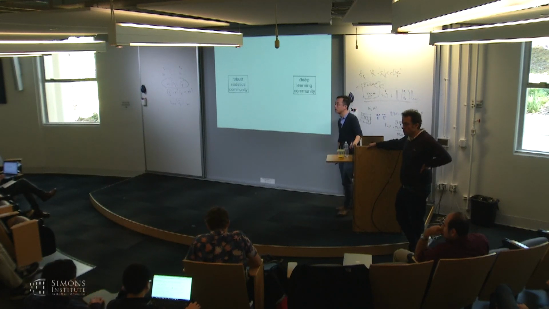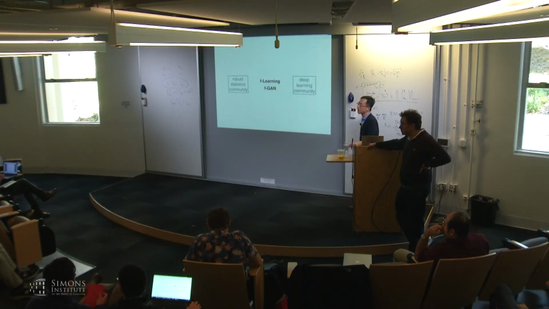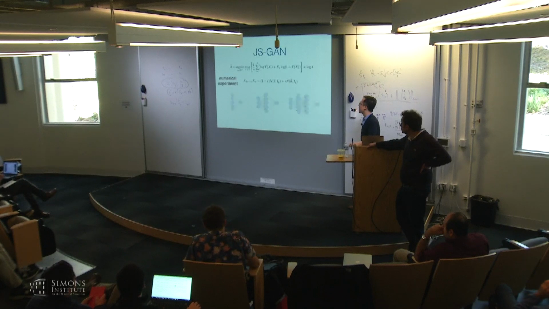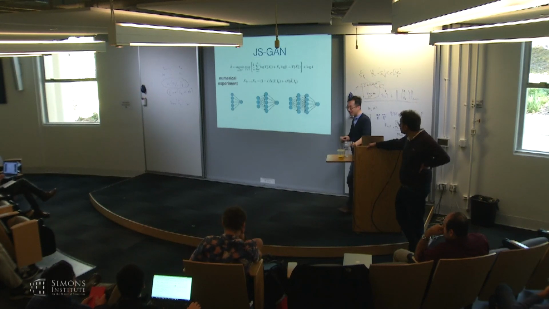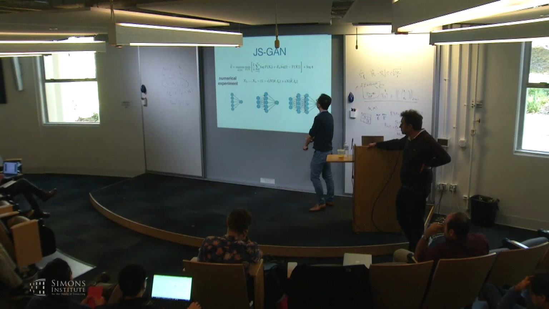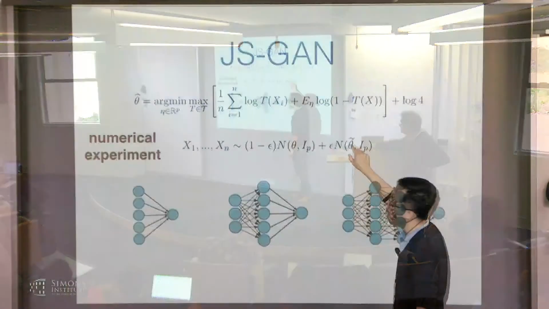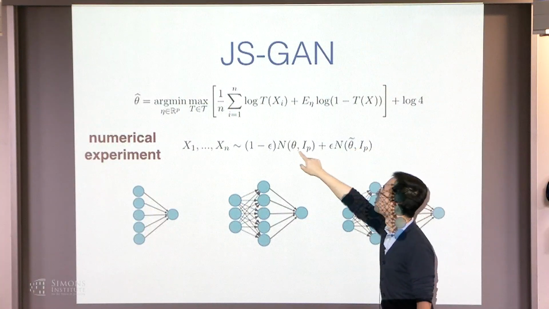Can you get any idea of what the least favorable distribution Q looks like? In ordinary robust statistics, for example, yes. I cannot tell you exactly what the least favorable Q looks like, but for this class, we have experience. If you do JS-GAN, the least favorable Q theta tilde is very close to theta.